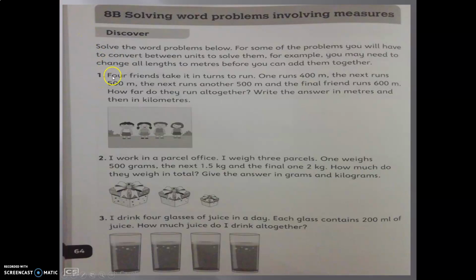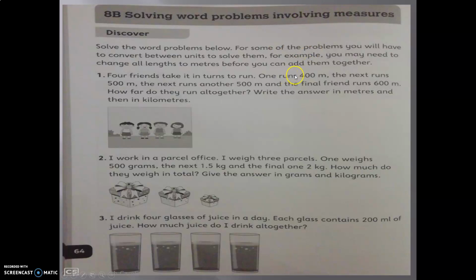Example number 1. 4 friends take it in turns to run. It means the first friend will run a distance, then he will stop, and the second friend will complete another distance, then he will stop, and the third friend will complete another distance and he will stop. So this is called they will take it in turns.